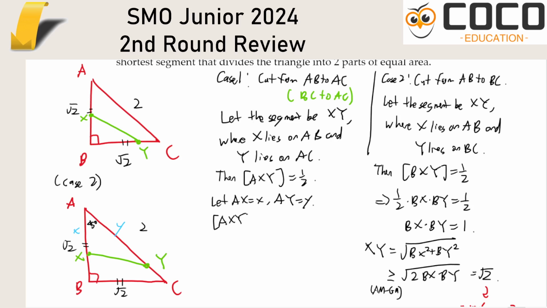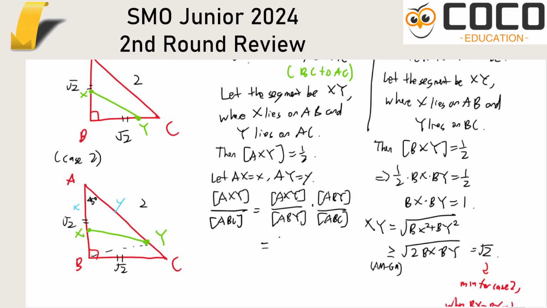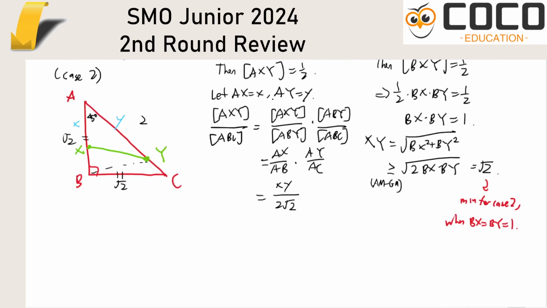So AXY as a fraction of the whole thing is just going to be first compared to ABY, and then that you can compare to the whole thing. This is going to be AX over AB and then AY over AC. So it will be AX times AY, which is XY, over 2 root 2. And so this implies that my XY is square root 2.